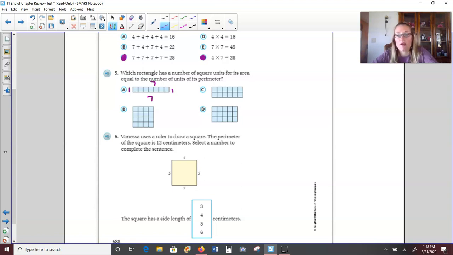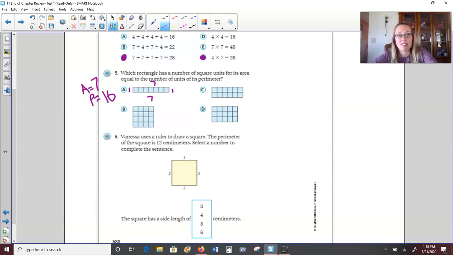So the area of shape A, length times width, would be 7 square units. And the perimeter, 7 plus 7 is 14, 1 plus 1 is 2, 14 plus 2 is 16. So those two do not have the same area and perimeter number.